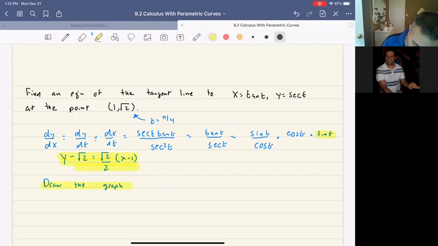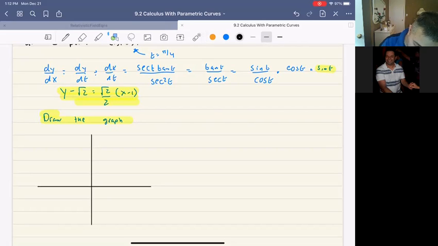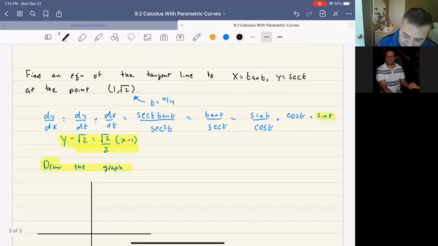Okay, let's draw the graph. So x is tangent of t, y is secant of t. That's interesting. Well, there is an identity between tangent and secant, right? Starting from the sine cosine.